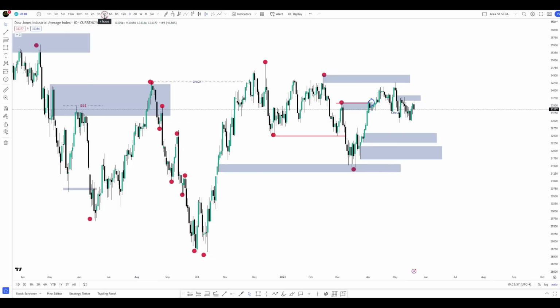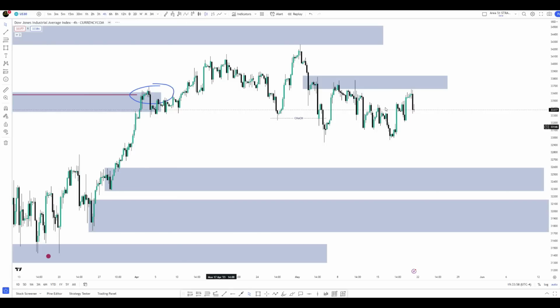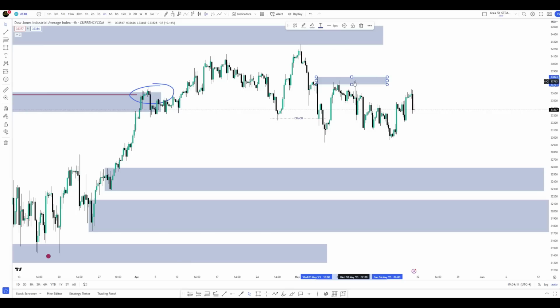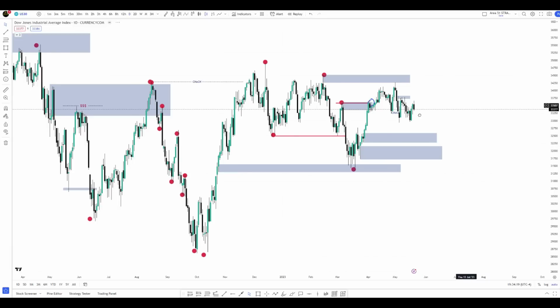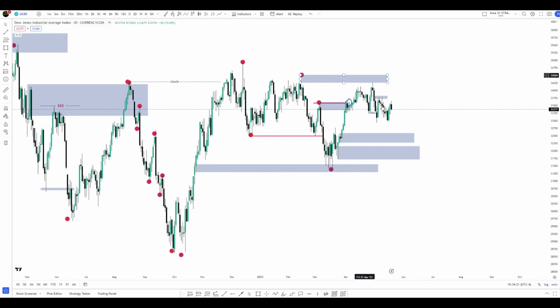We know this because we can go to the lower time frame and refine it, and here you know that we have an area of supply that needs to be mitigated, or an order sitting here that the price has to come back and fill after the break of this structure.